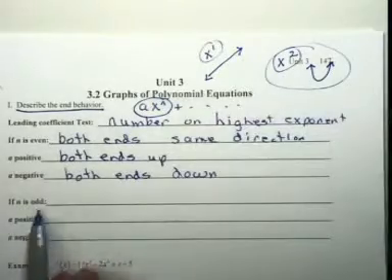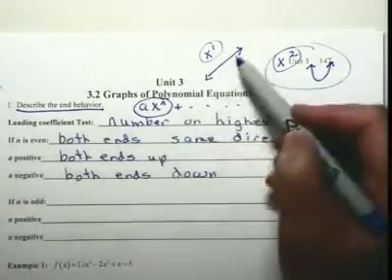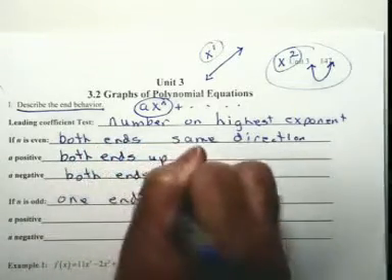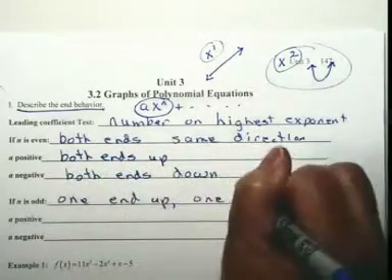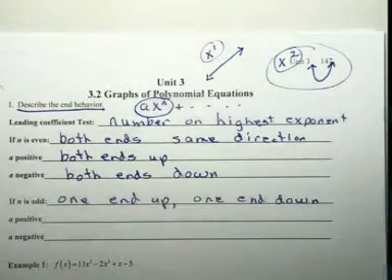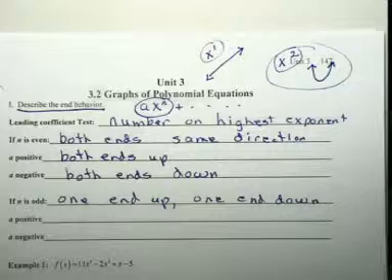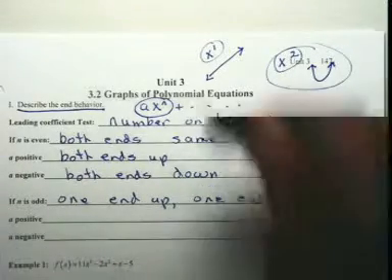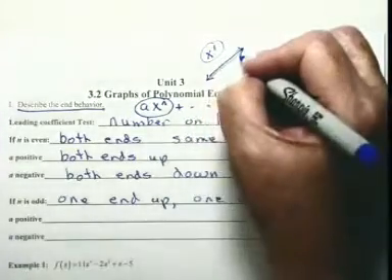But if n is odd, it's going to be like a line, and it's going to go one end up, one end down. If they're even, both of them are the same. If they're odd, they're different. If it's positive in front, it's like a positive slope.